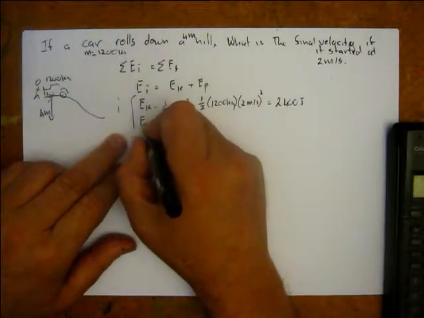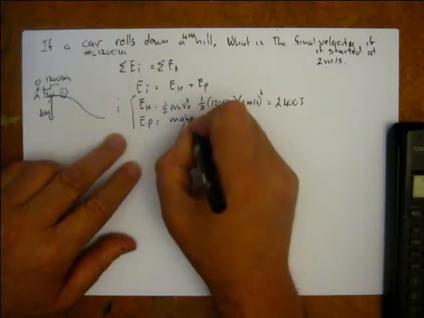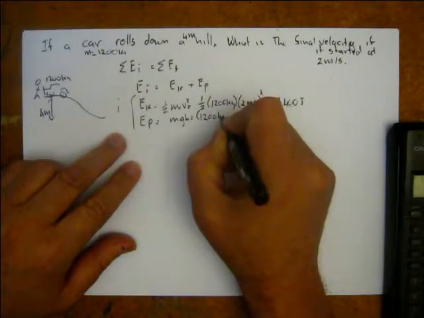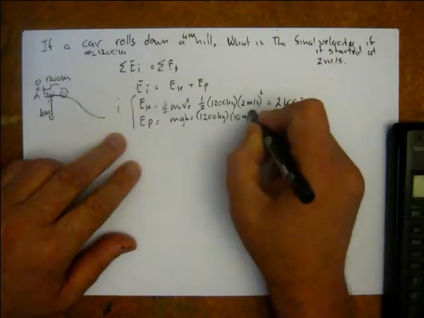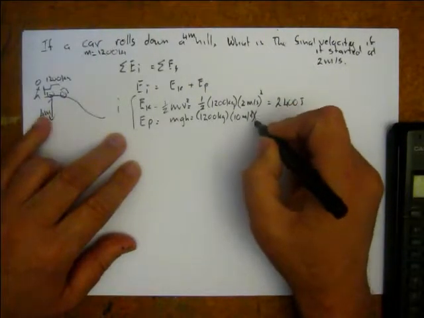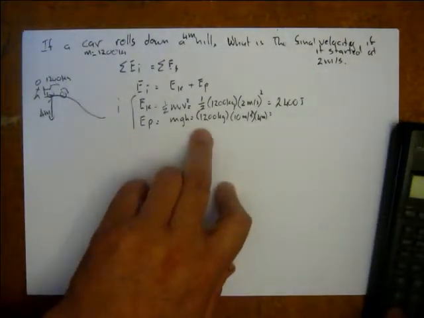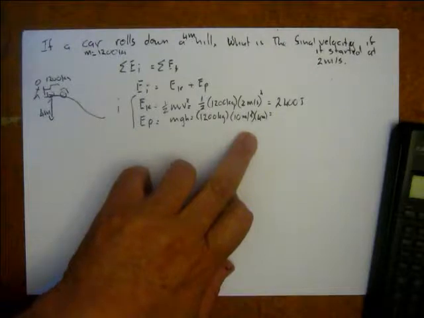E potential equals mgh, which is equal to 1200 kg, we're going to use 10 meters per second squared for gravity, times 4 meters equals 1200 times 10 times 4 equals 48,000.